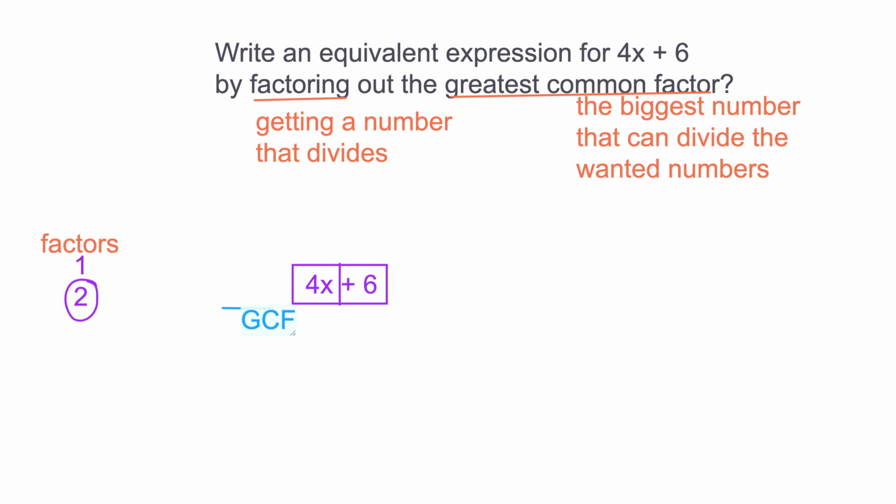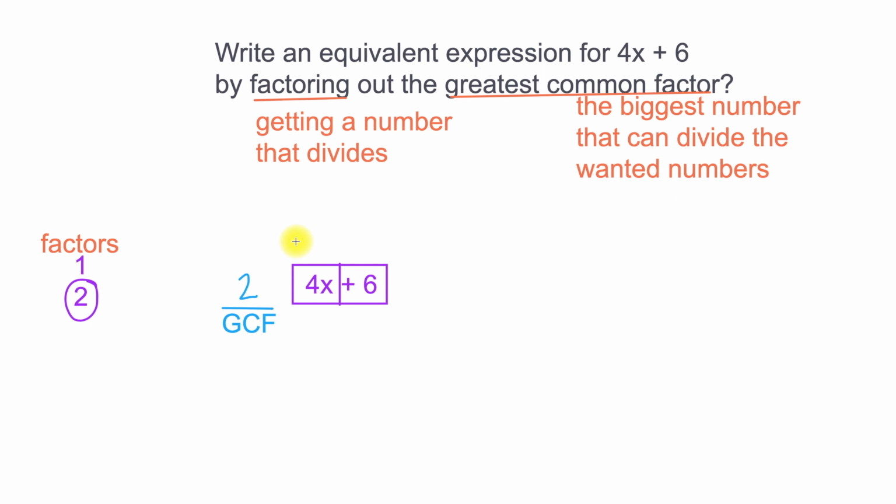I'm also going to make it a little bit smaller. Okay, so the GCF is going to go here. And we've already determined that the greatest common factor for 4x and 6 is the value 2. So I'm going to write 2 here.